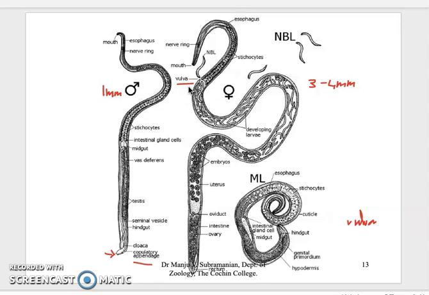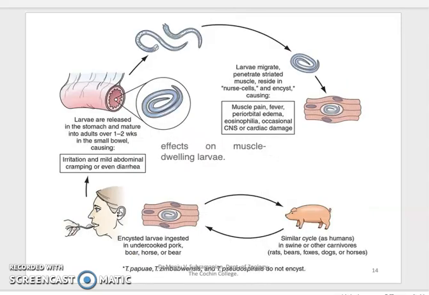In the adult condition, this organism lives in the intestine of man, pig, rats, polar bears, whales, seals, etc. The female Trichinella is viviparous and, upon sexual maturity, burrows into the intestinal wall and deposits the larvae there.